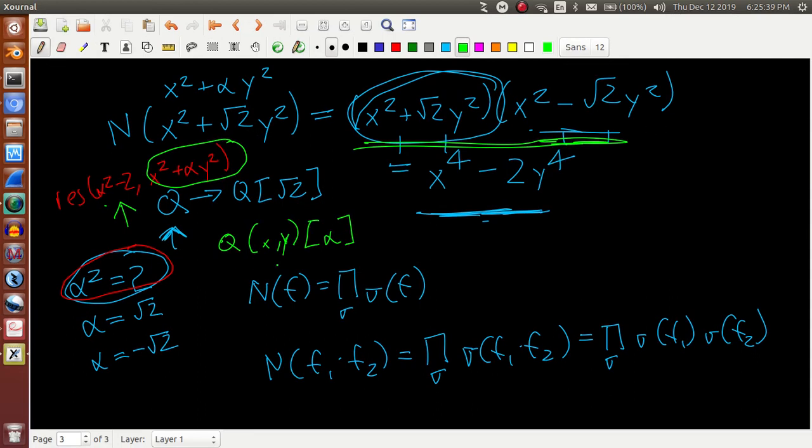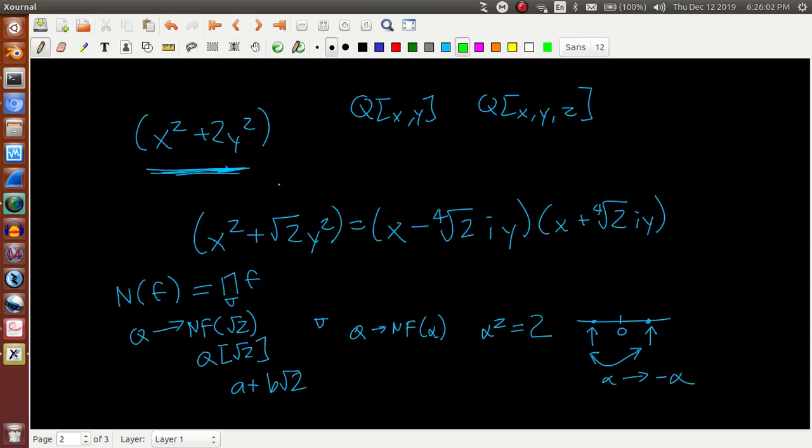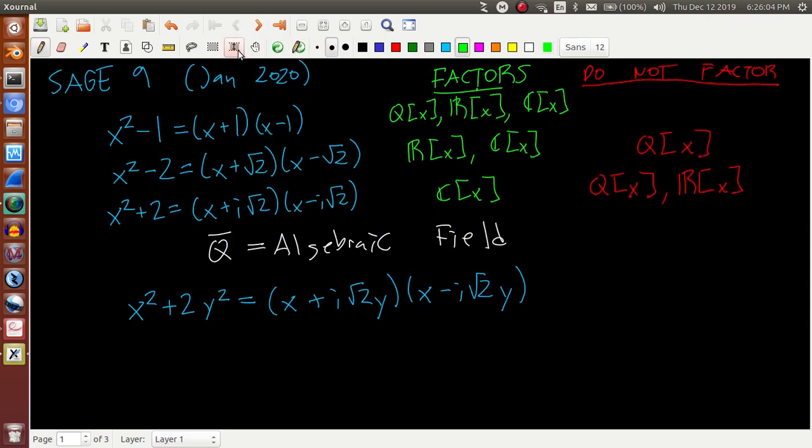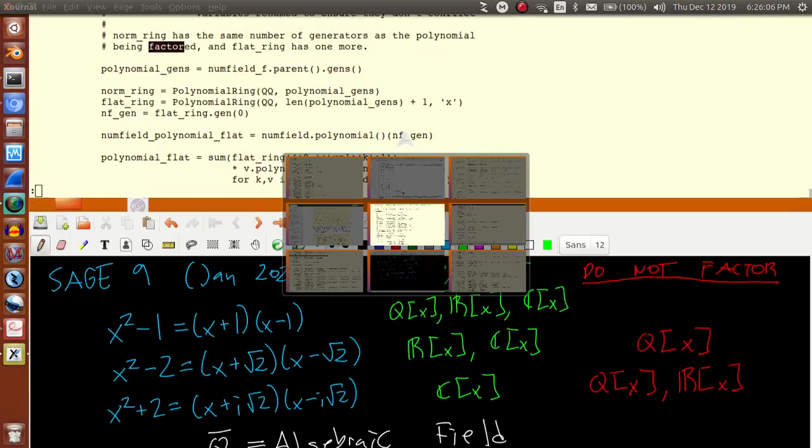The coefficients just have to come from some field, and in this case, this is the field we use. And then what we're interested in is this one with the roots of this one plugged into it, and that's how we do the calculation. That's how we get our multivariate factorization. So we can now do these kinds of factorizations.